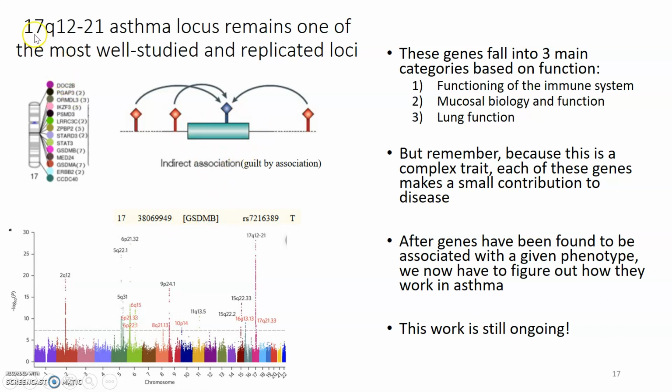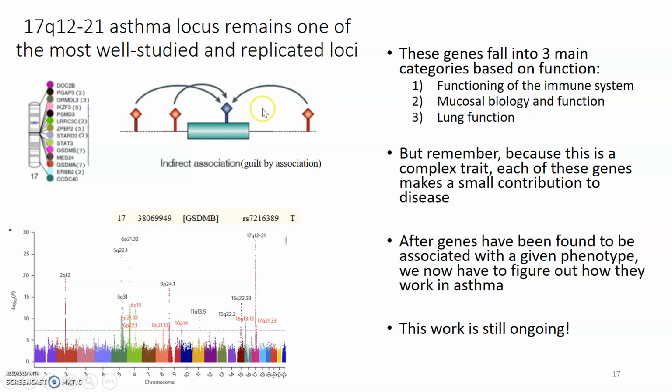This is an example of chromosome 17, a very well-known asthma locus that remains one of the most well-studied and replicated loci. You can see it here with a nice association peak in our Manhattan plot, telling us that the statistical relationship between genotype and phenotype is extremely strong.